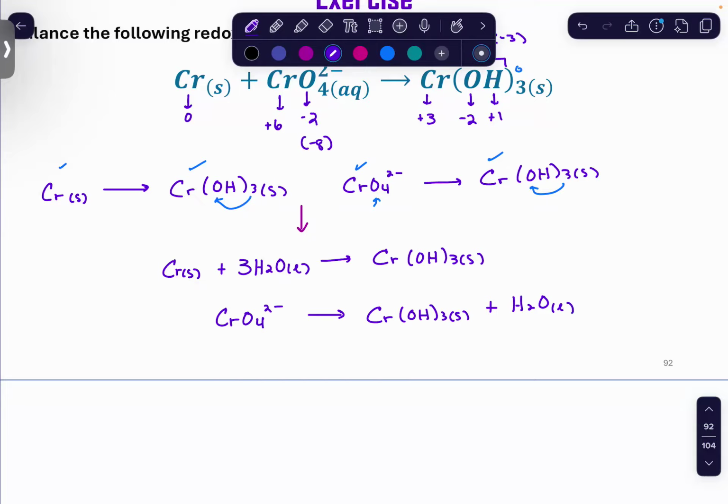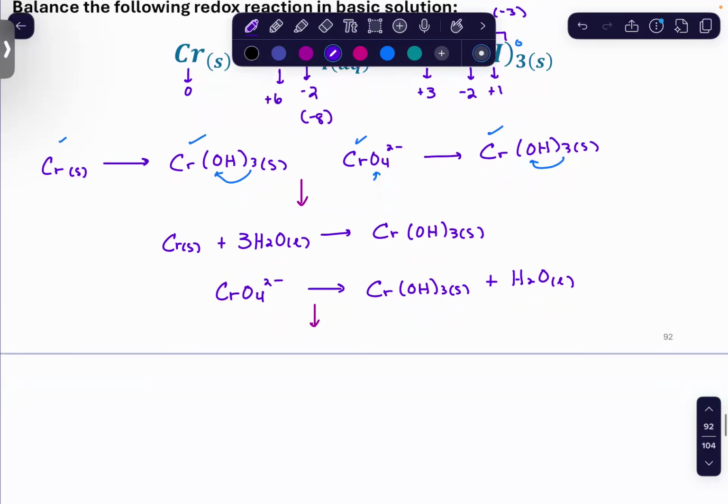All right, now I'm going to balance hydrogens using protons. Well, let's take a look here. I have 3 times 2, so I have 6 hydrogens on the left, 3 hydrogens on the right, so I'm going to need 3 protons on the right.